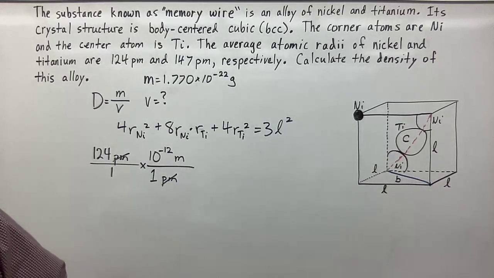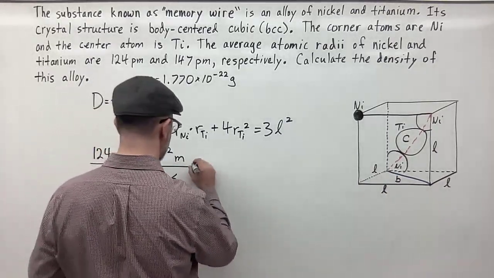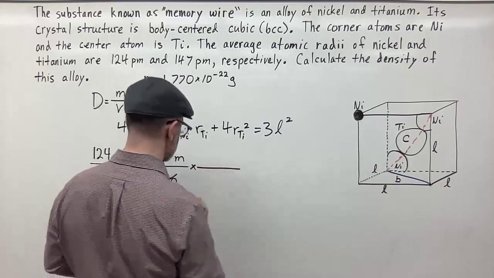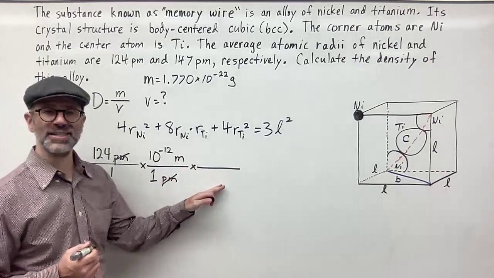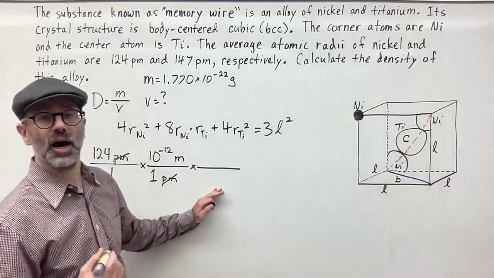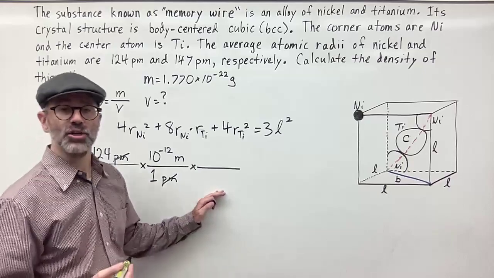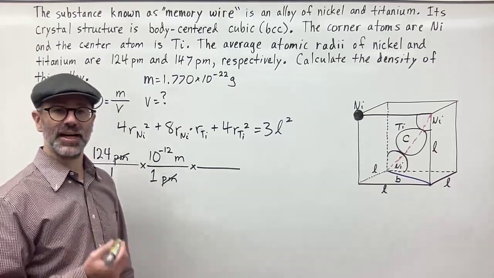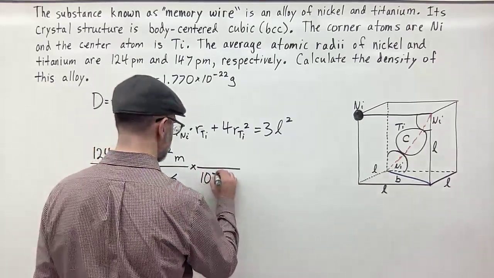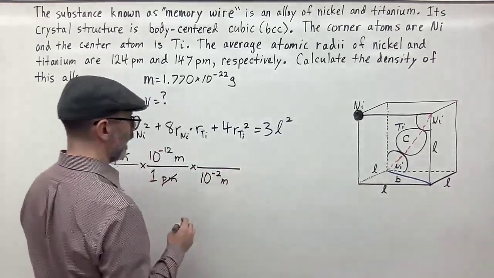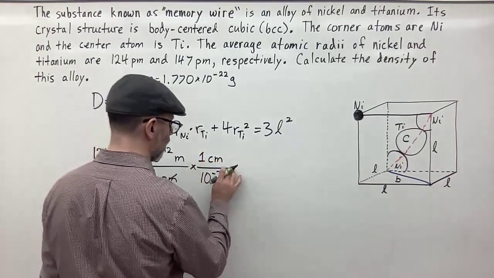Let me just double check. Yep. And then now we're going to convert meters to centimeters. So I have meters on the top. I want meters on the bottom. Centi means 10 to the negative 2, or 1/100th of a meter. So 1 centimeter is 10 to the negative 2 meters. So I'm going to put 10 to the negative 2 meters on the bottom and 1 centimeter on top.